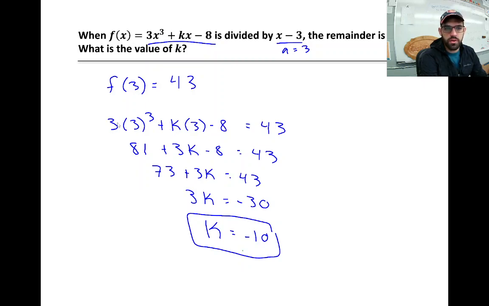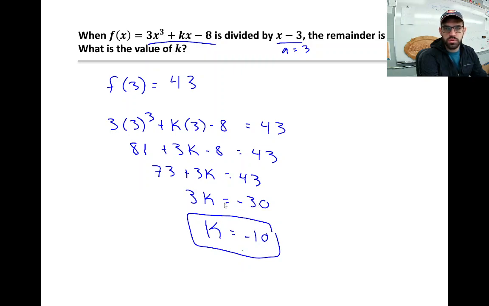So we're going to evaluate 3 times 3 to the power of 3. That's going to be 81. And then we have 3k added to that, and we're subtracting 8. Well, 81 minus 8 is 73, so we can collect like terms. And then we can subtract 73 from each side, leaving us with 3k equals negative 30.